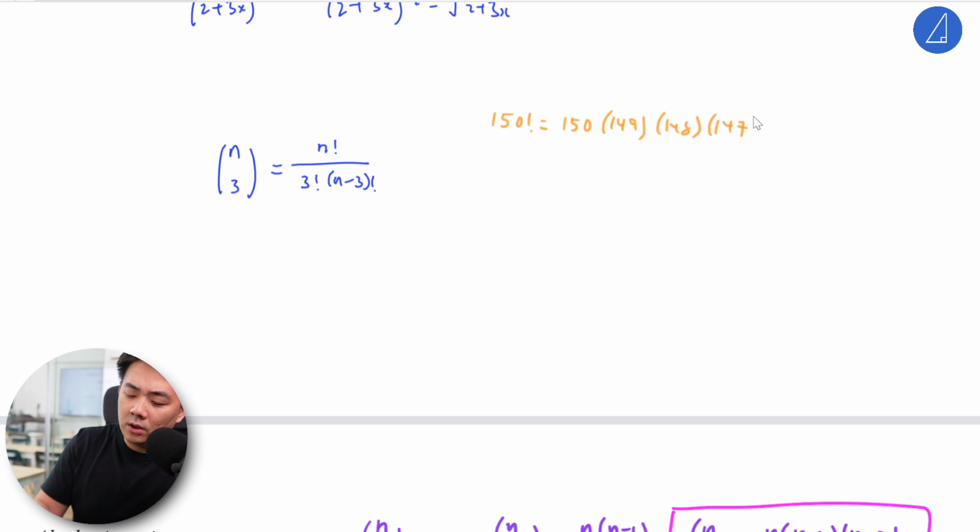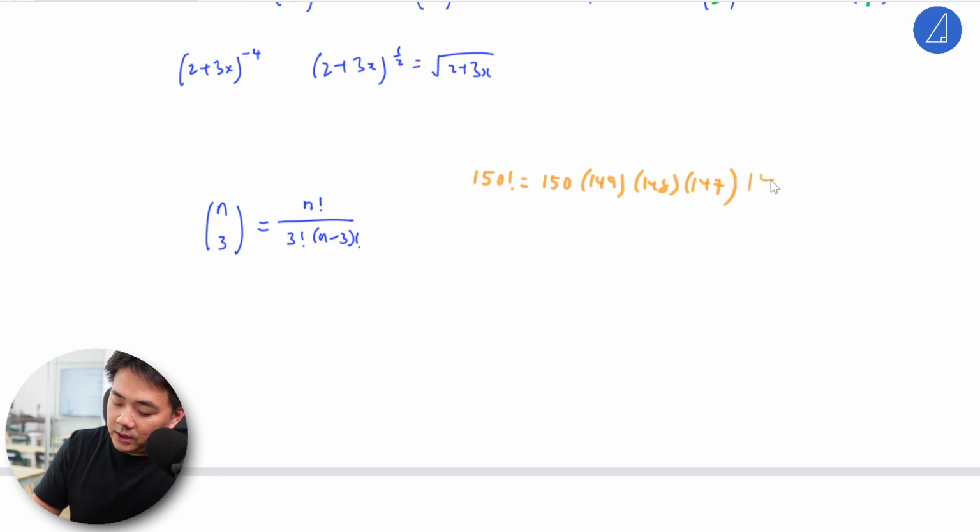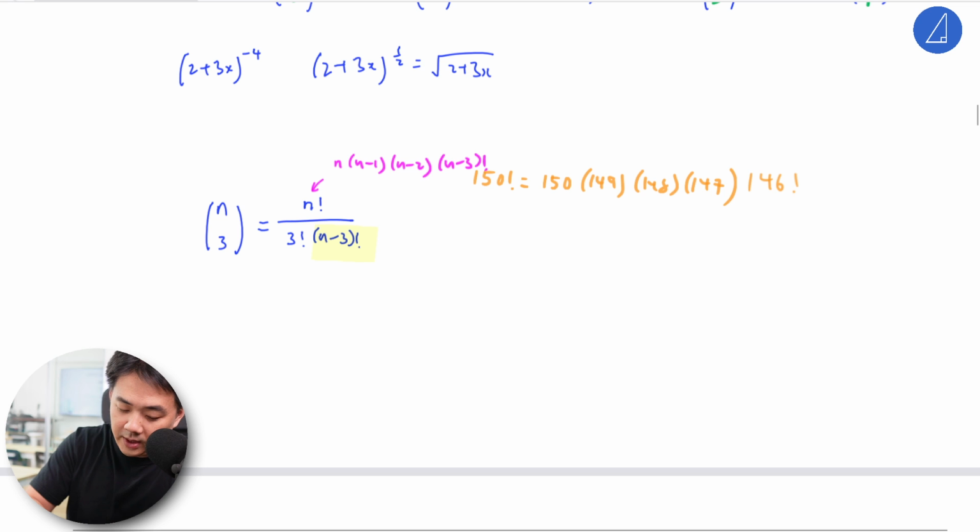Let's say you want to stop at 146. In order to balance the formula, you just put the factorial sign behind. This will definitely be balanced, right? The same thing goes with this one here. What we need is actually to expand it, so it is n minus 1, n minus 2, then n minus 3 factorial. You stop at n minus 3 factorial because you have an n minus 3 factorial below, and it will cancel the one on top.